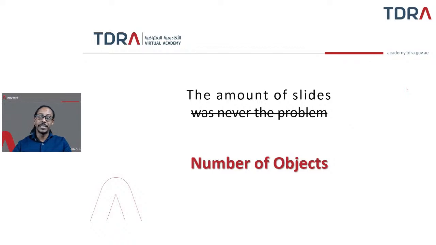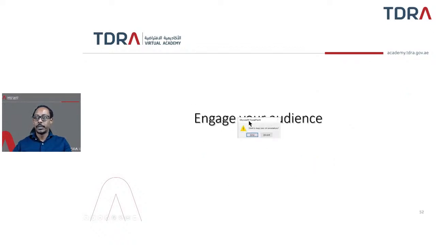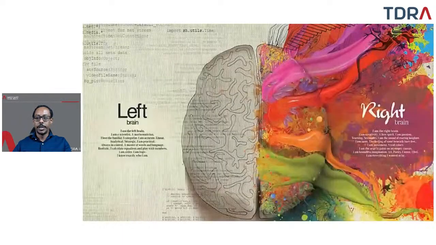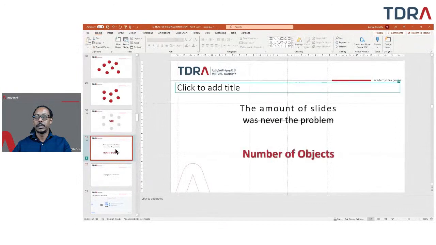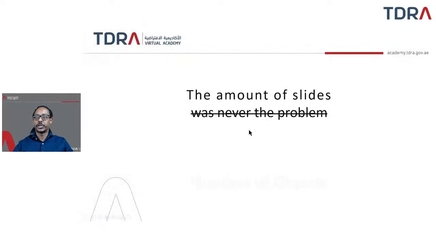What actually happened is, so far, we delivered 51 slides. That's what we delivered so far, 51 slides. So with fewer objects on the screen, you get to deliver your content, focus on your content, and you don't care about how many slides you're using.